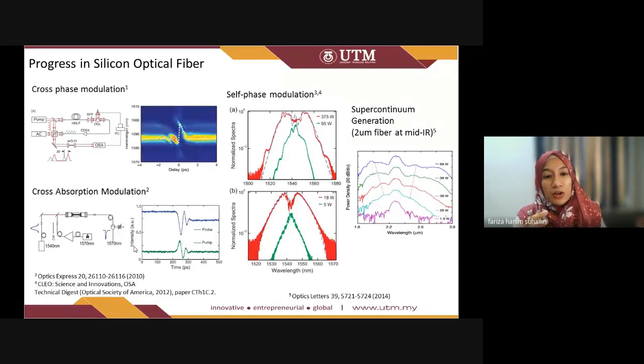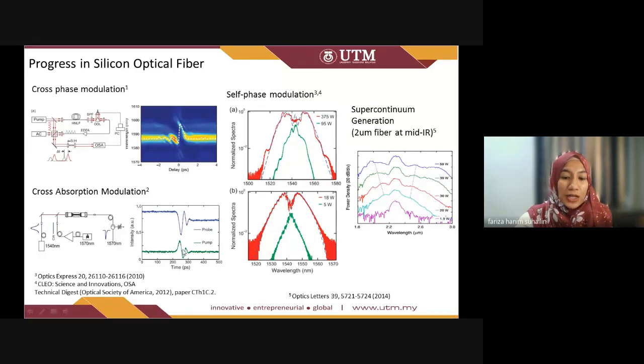Because of the very high quality of the optical fibers, we can probe different nonlinear interactions that can be used, for example, for all-optical signal processing by using the nonlinear effects of cross-phase modulation and cross-absorption modulation, in a pump-probe experimental arrangement, where we can see that the information that we have in the pulsed pump can be transferred to the weak continuous probe signal.